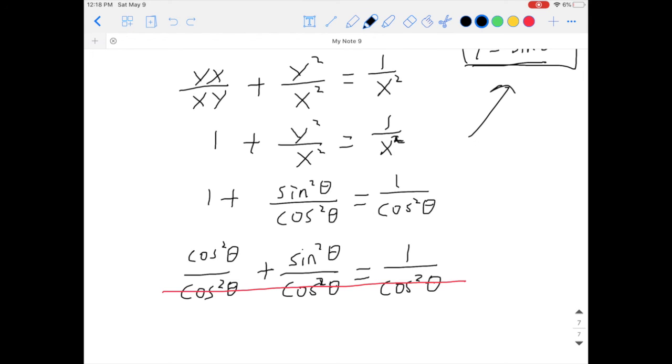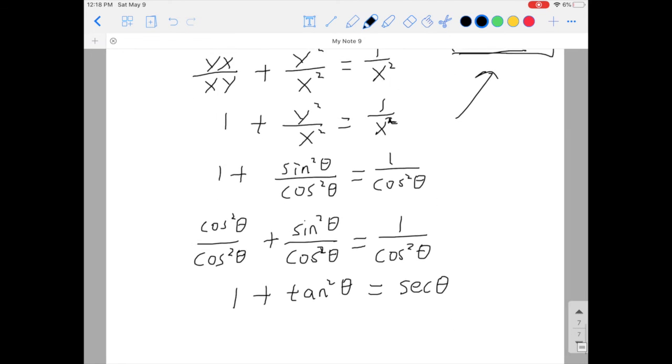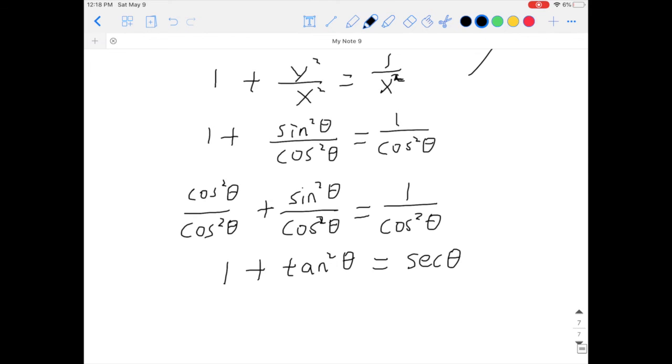Or there's another way. Instead of crossing this out, in here is 1. For the second one, sine squared over cosine squared is tangent squared. This is secant. And according to the second formula, this will be equal to secant squared.